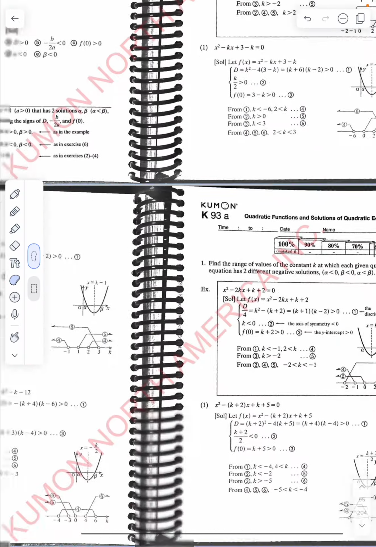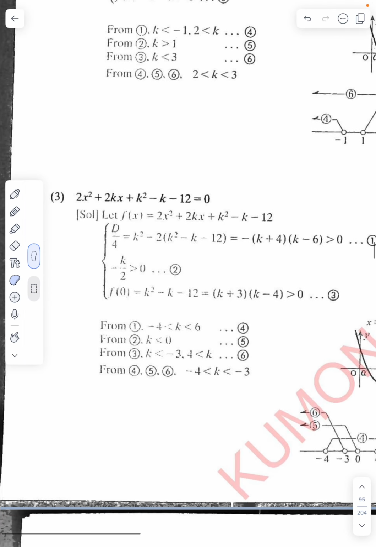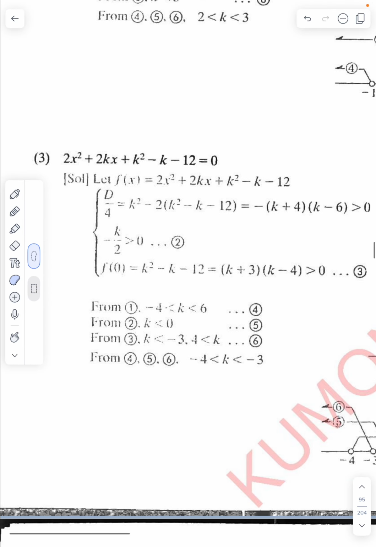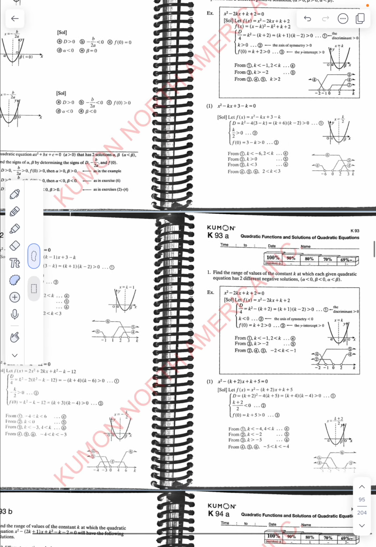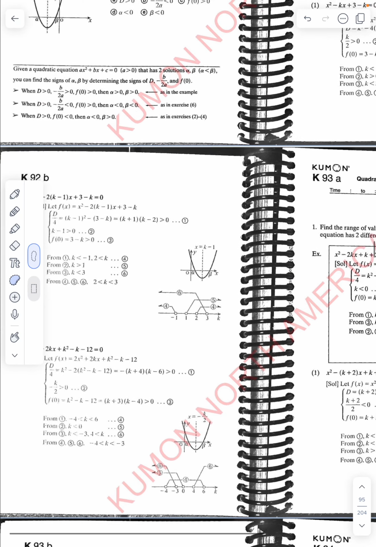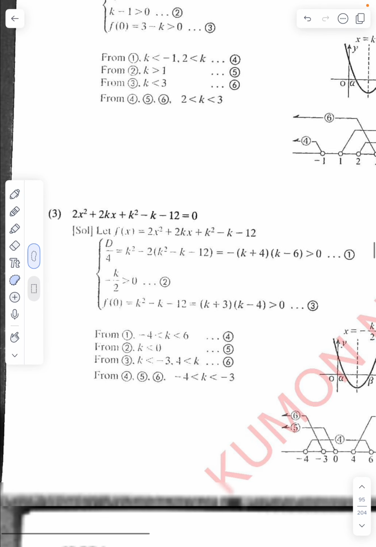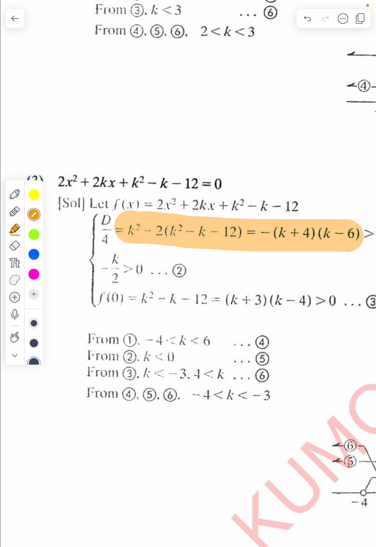So with that being said, let's actually try question number 3 on 92B. Okay, let's go through this one more time. We also want 2 positive solutions, and I'm assuming that the criteria is going to be the same. Perfect. All right, let's dive deep into this. You know how to find your discriminant, right?